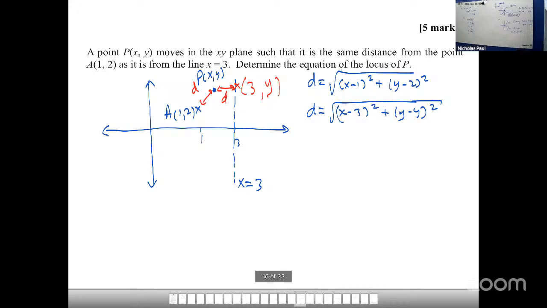So I use the distance formula. I found the distance here and distance here. Now equate them and solve.